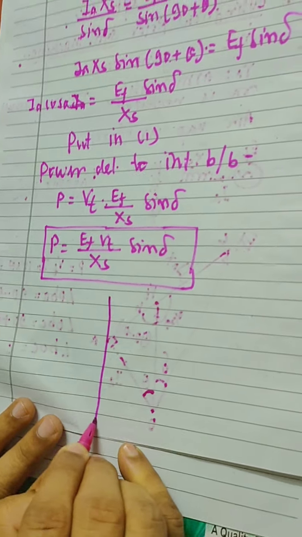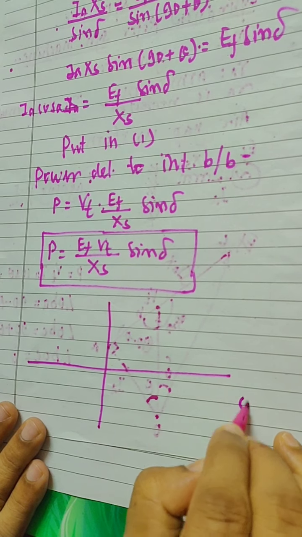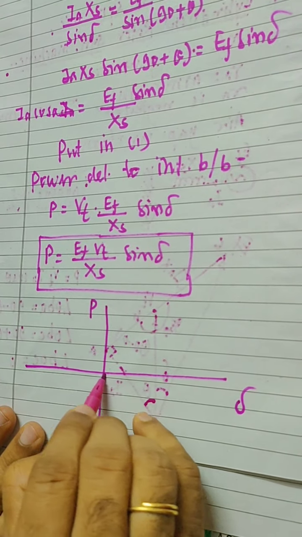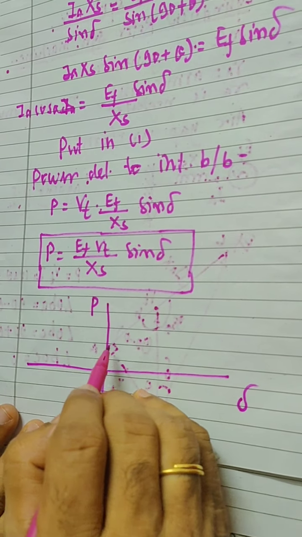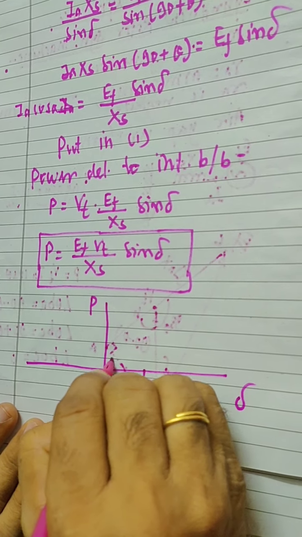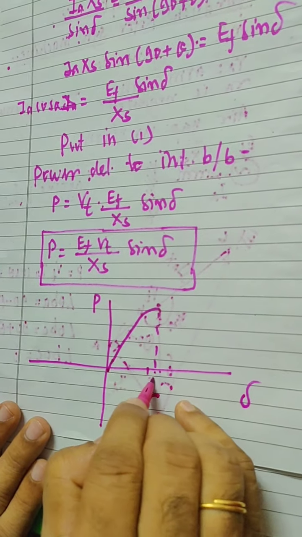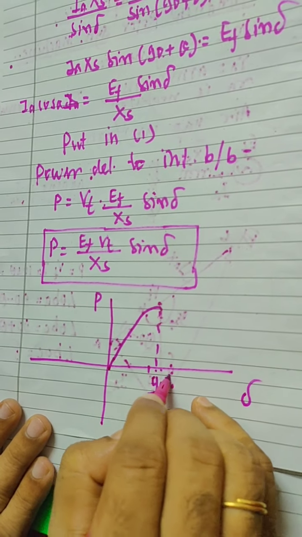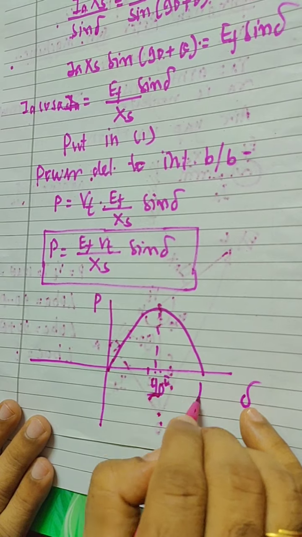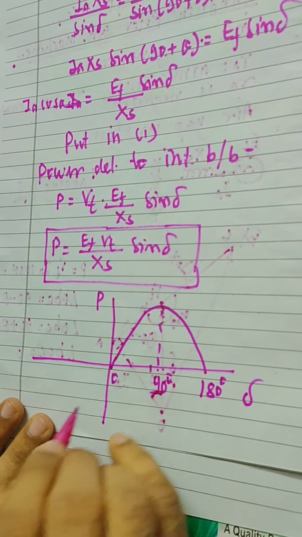This is delta, this is P. When delta is 90 degrees, this is the maximum power, and when delta is 180 degrees, it is 0 again.